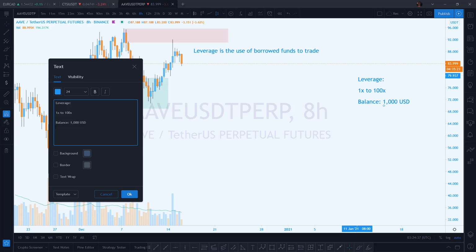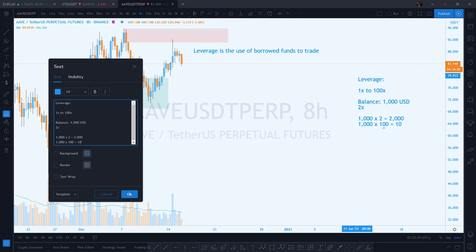But when you use 2x, what this means is, if you are going only with the $1,000, then your $1,000 will be multiplied by 2, so you can trade up to a position size of $2,000. And if you are doing 100x, the maximum, that will be multiplied by 100. And how much should that give you?